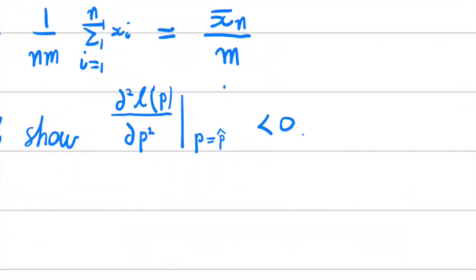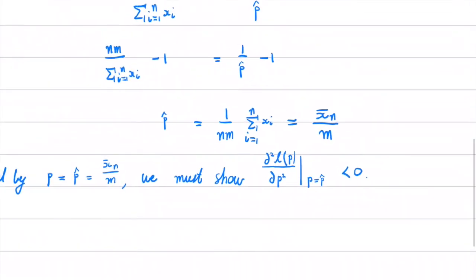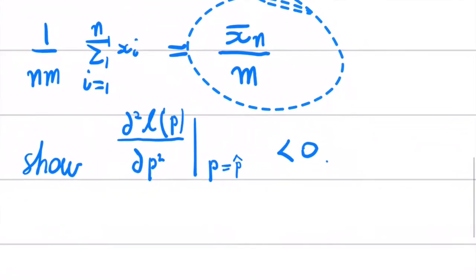And if we can show that, then we have shown that this is in fact the MLE and that the function is maximized at that point.